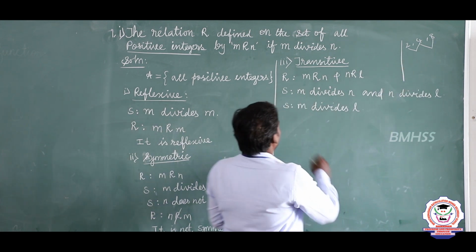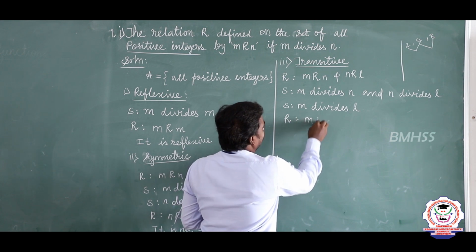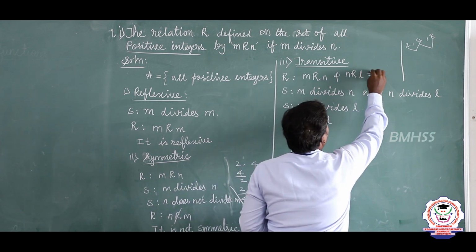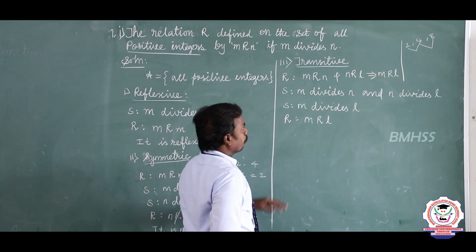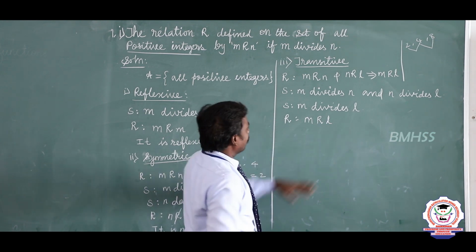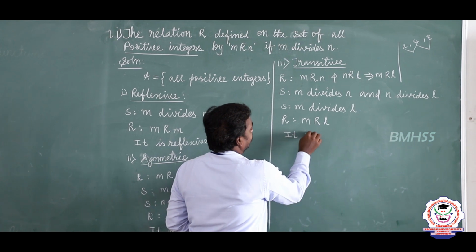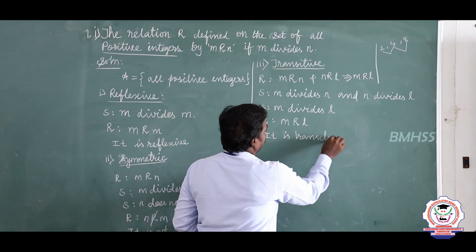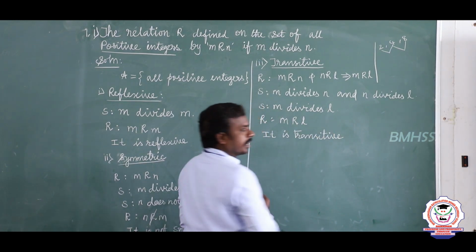So in the relation, how can you write? m is related to l. Therefore, it is transitive.